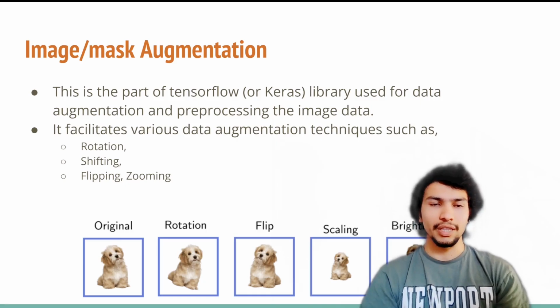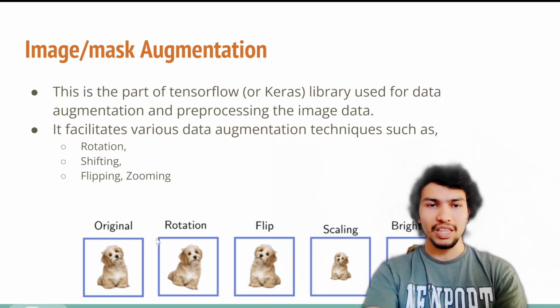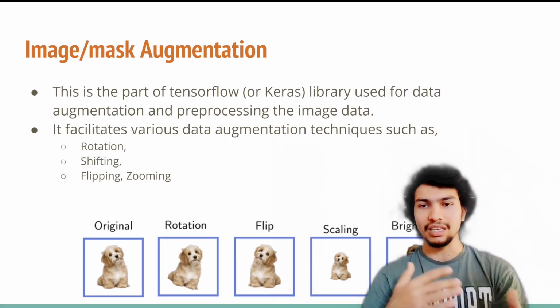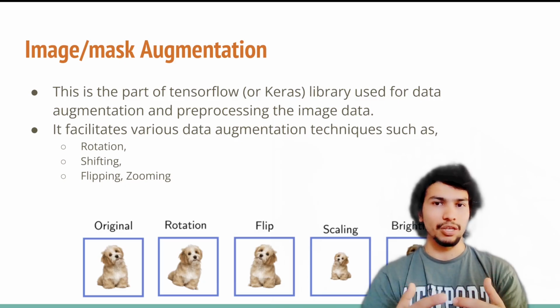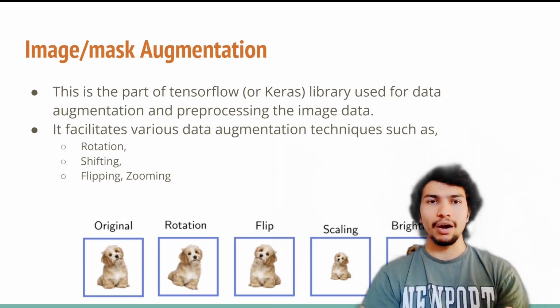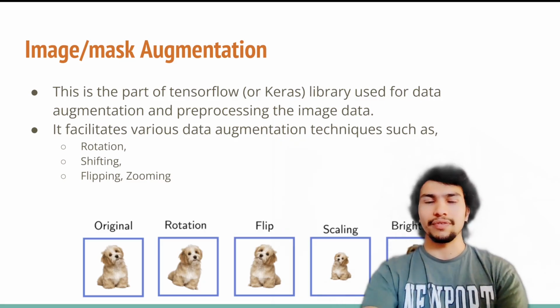For example, in the image below, you can see the original image and then the rotated, flipped, scaled, and brightened versions. We can also change the brightness of the image as well. So we can do this process inside our custom data generator function.